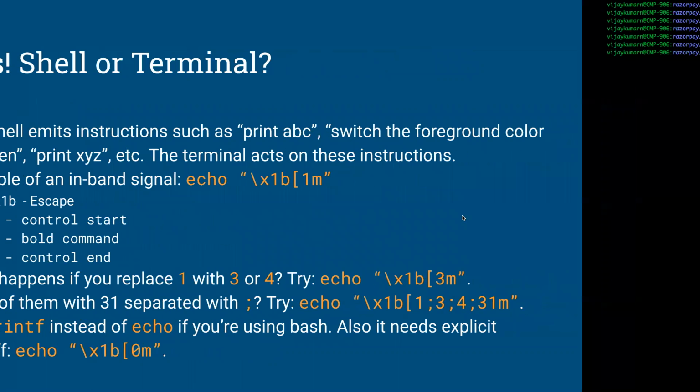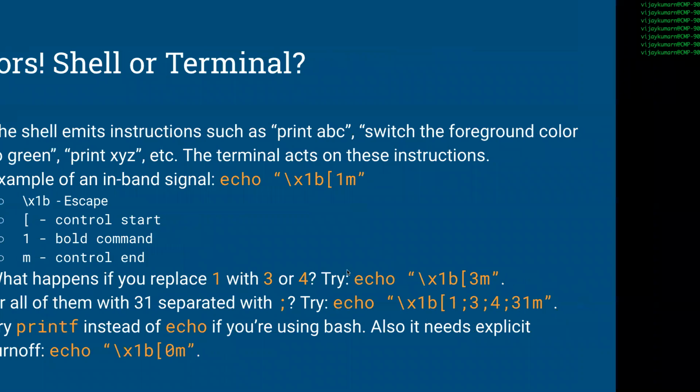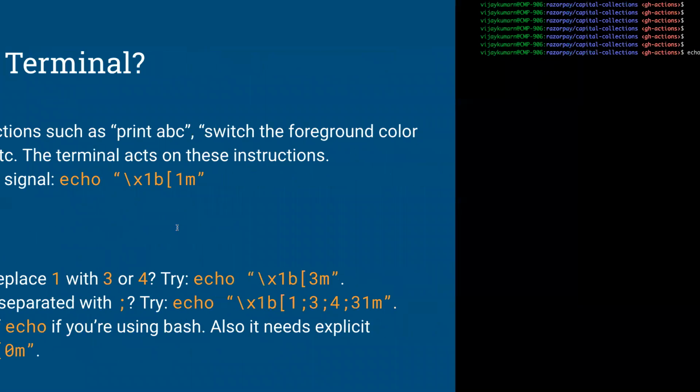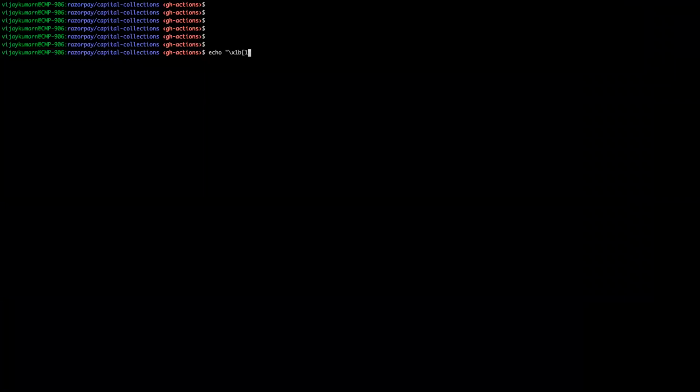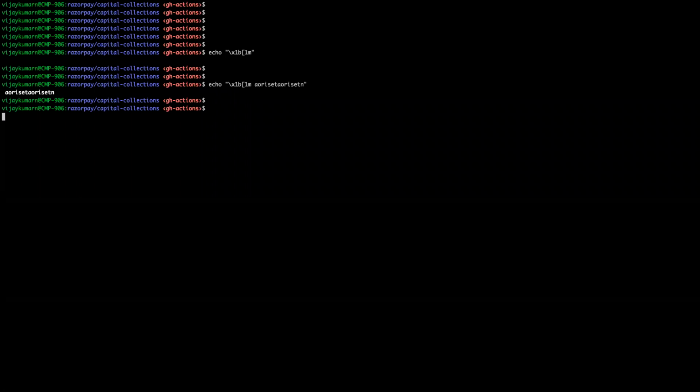And then you can start the control, and whatever you give here is a command, and then you close it. It's like HTML open and closing brackets, and whatever is inside is the command. So this one is actually used for bold. So I can do this, and whatever I type after this is going to be in bold.